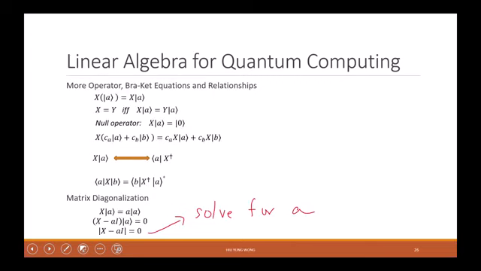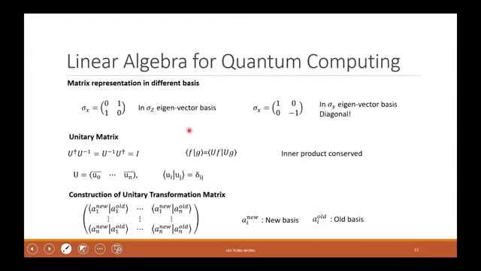We can represent vectors in different bases, and it is the same for matrices. For example, this is sigma x in the sigma z eigenvector basis. It's 0, 1, 1, 0.